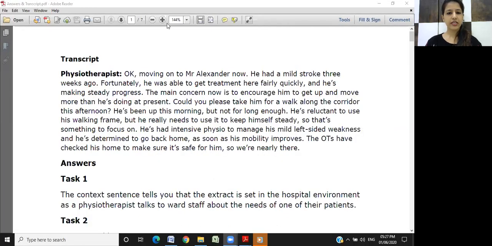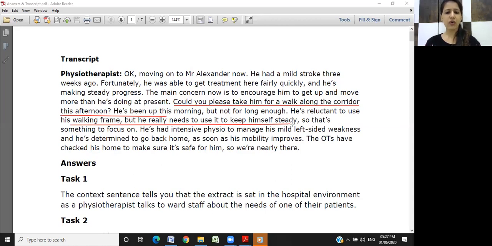Yes. So they did discuss the patient's mobility, and there was a clear request: could you please take him for a walk along the corridor? Right? And he's reluctant to use his walking frame, and he needs to use it, but it's not that the nurse has to provide it. He may already have it, because that is why it says he is reluctant to use it, but he has to use it.